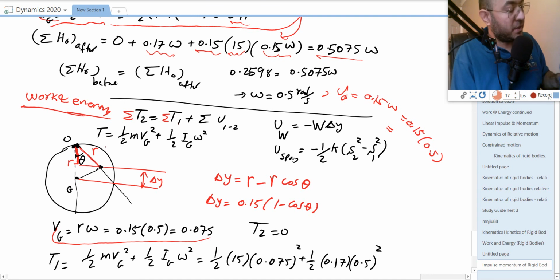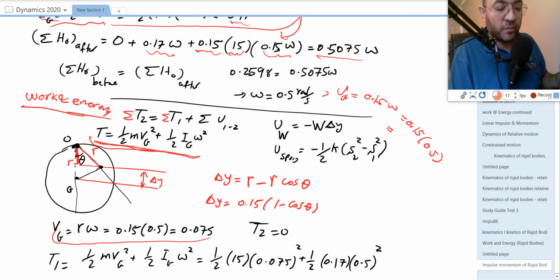Kinetic energy is half of mvg to the power of 2 plus half of Ig omega squared. We talked about that in the previous session. So what types of work do we have? We have work from gravity, work from spring, work from moment, and work from force. Let's see what types of work we have.